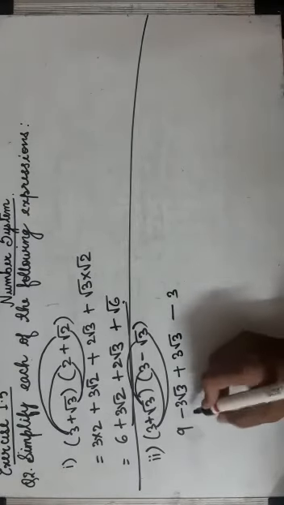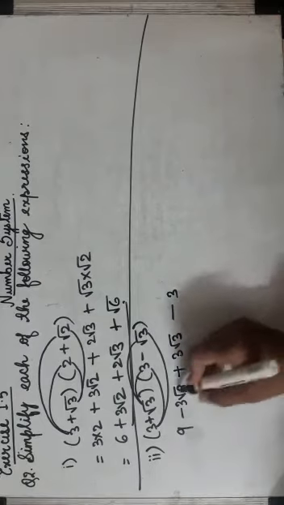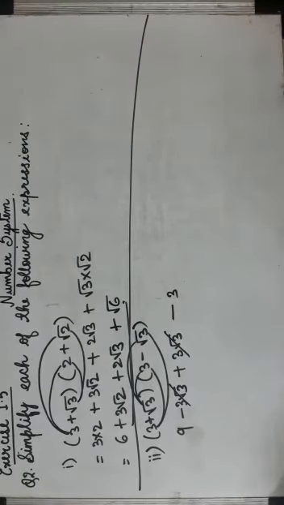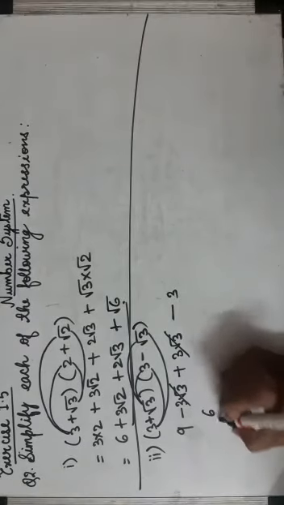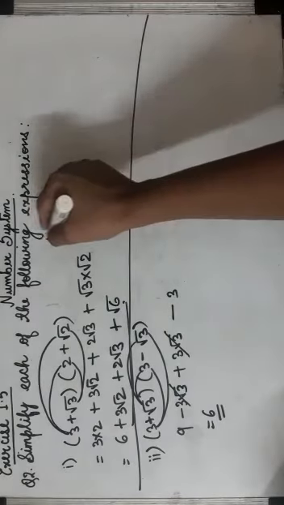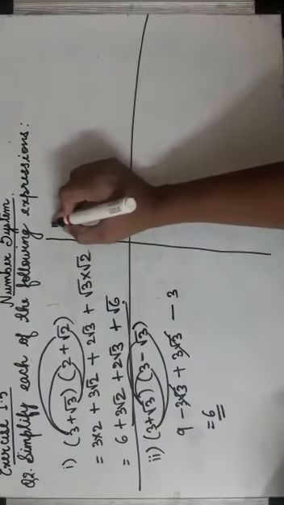Clear? Now minus 3 root 3 and plus 3 root 3 will get cancelled, and 9 minus 3 is 6. So this is the simplified form of the expression. Clear?